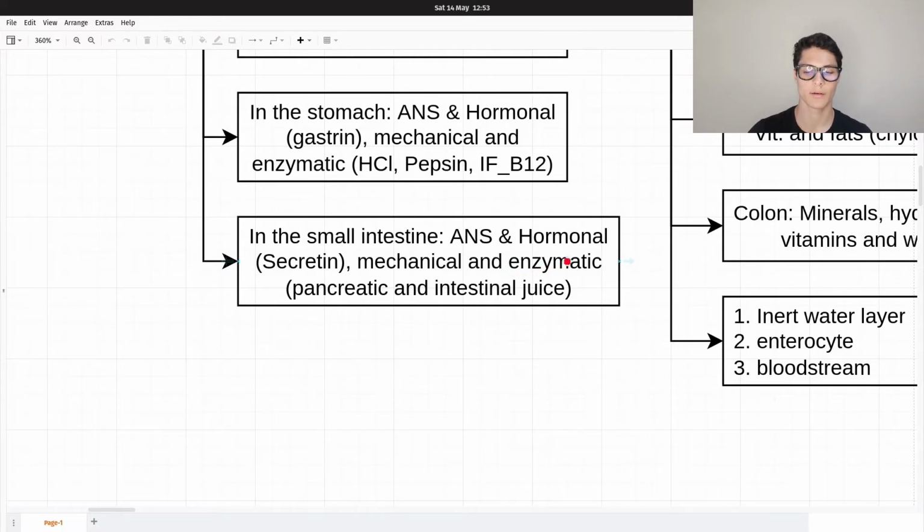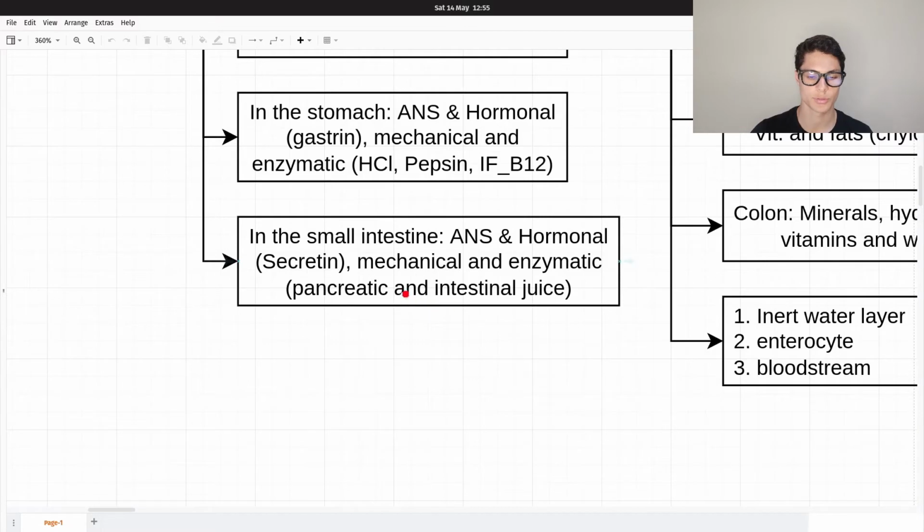On the way we have enzymes such as the pancreatic juice, which is released in the duodenum, that will eventually digest the free macronutrients, because it has amylases, proteases and lipases, and it will increase the pH.